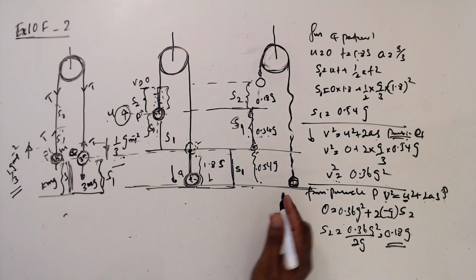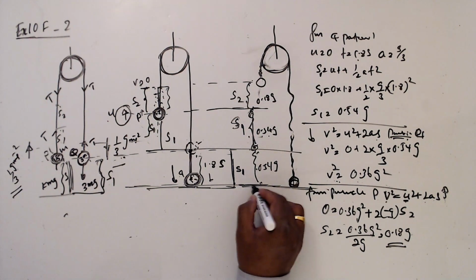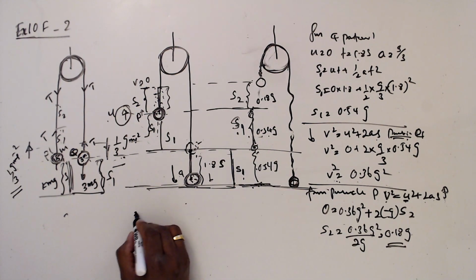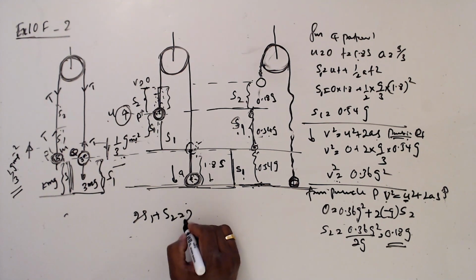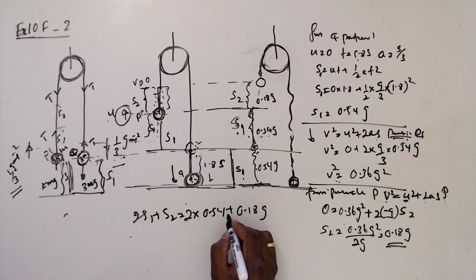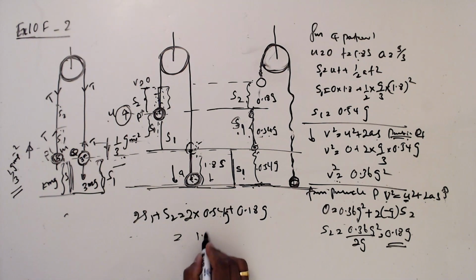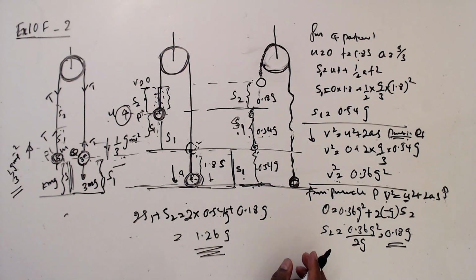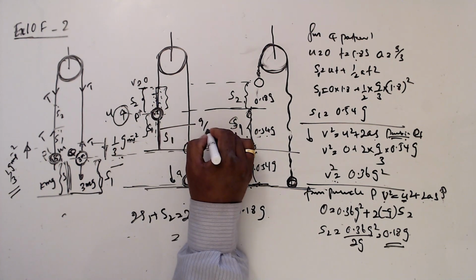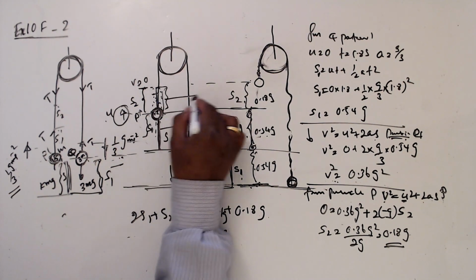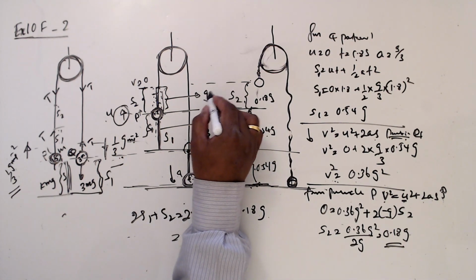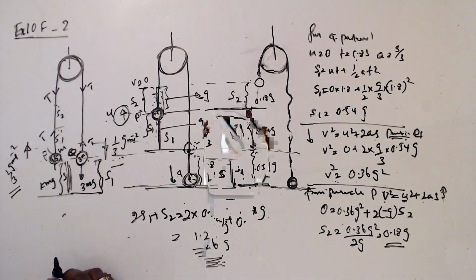Hence the total greatest height from the plane is s1 plus s1 plus s2, that is 2 times 0.54 plus 0.18. So this is g, and this is 1.26 g. So finally from here to here journey, the acceleration is g over 3. From here to the upper journey, the acceleration is under gravity, so that is minus g for upward.